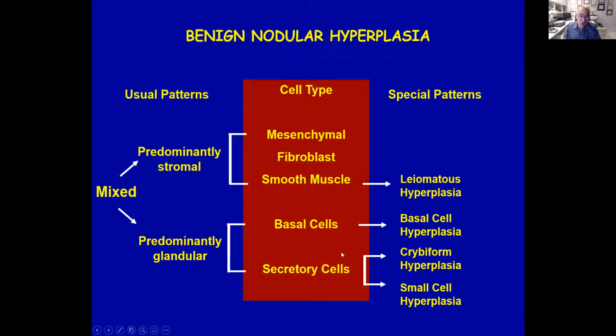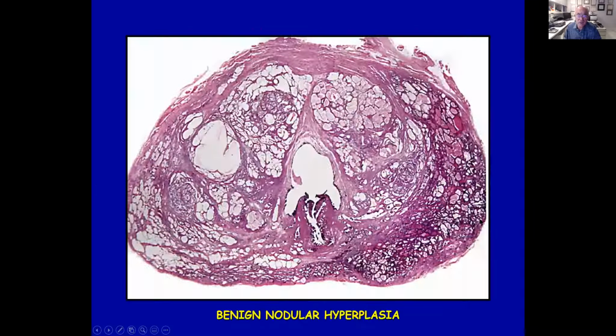But they can also be very rich in secretory cells. But usually they are a combination, a mix with stromal and glandular components, with some variations in regards to the way that they appear under the microscope, if they're cribriform or small cell or basal cell hyperplasia.